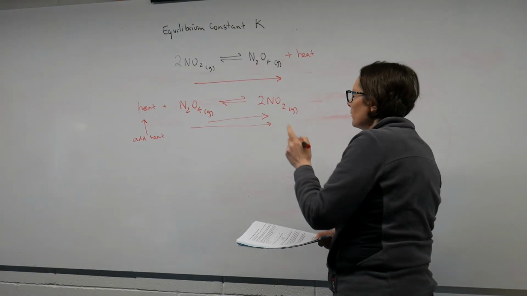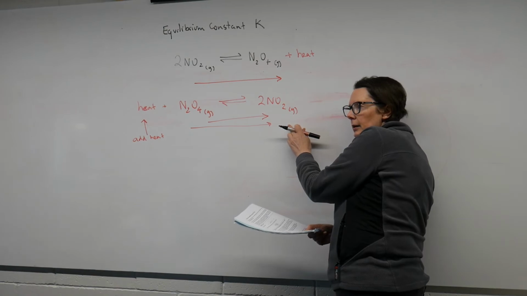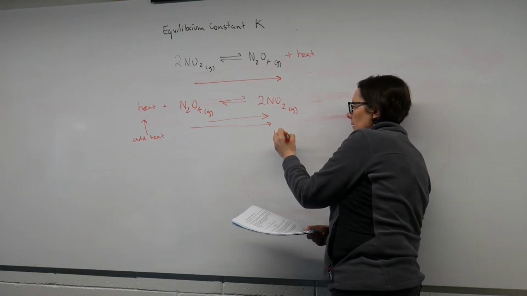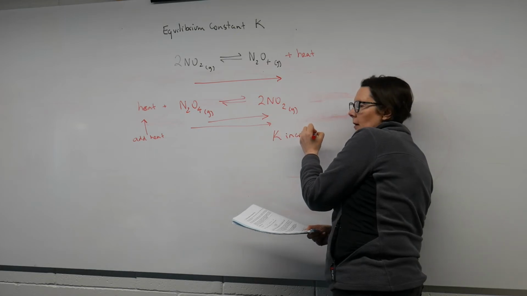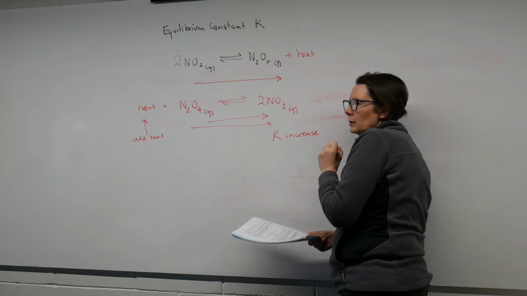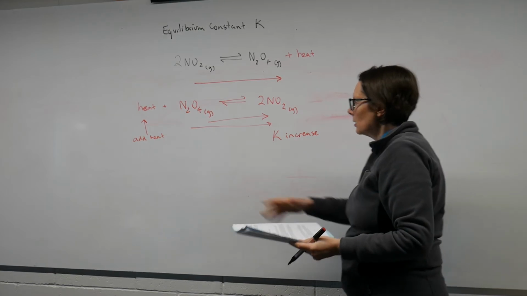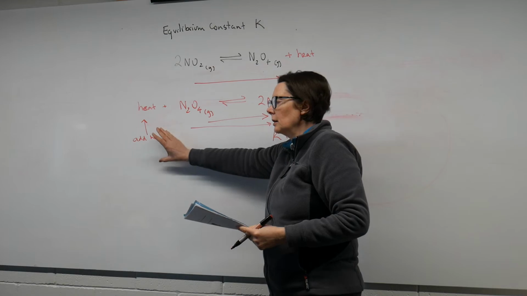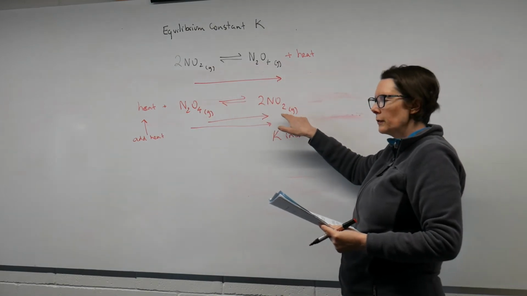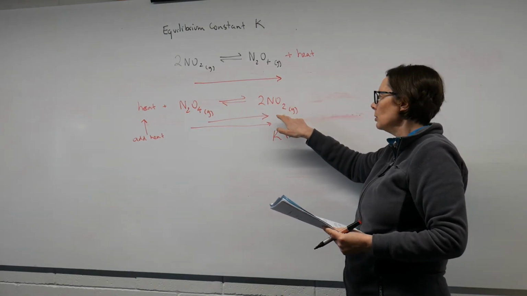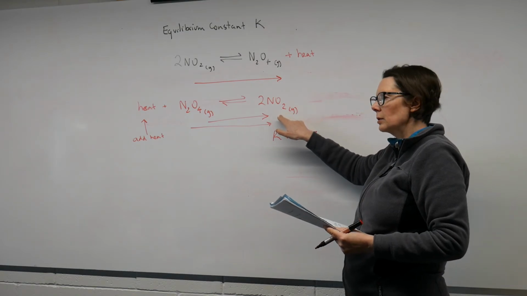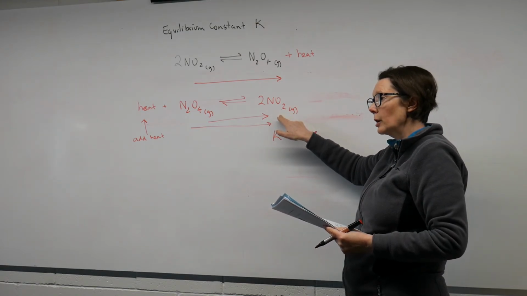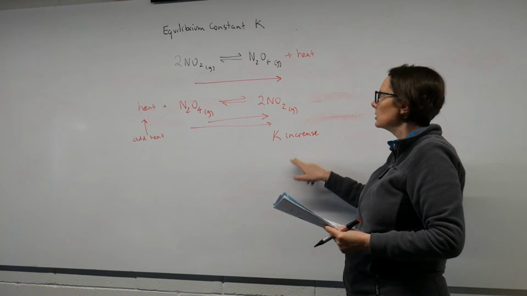Okay, and so therefore, because this is the product, K will increase. Were you able to follow that logic? We increase the concentration of a reactant, and so that drives the forward reaction. Because that's led to an increase in the production of products, K has increased.